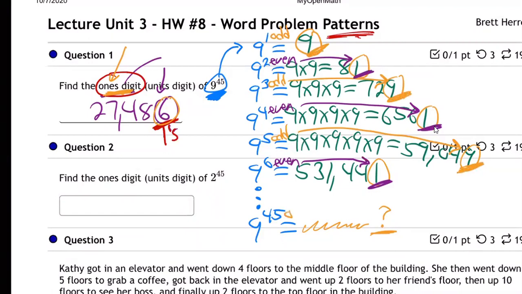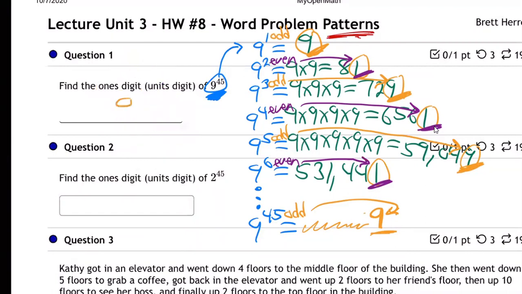So 45 is odd. So the last digit has got to be a 9, doesn't it? Because all the odds end with a 9. So the answer is, what's the ones digit for 9 to the 45th? It's a 9. It's got to be. Look at that.